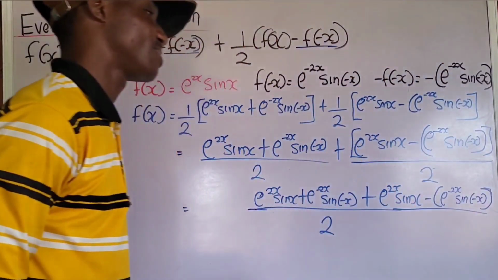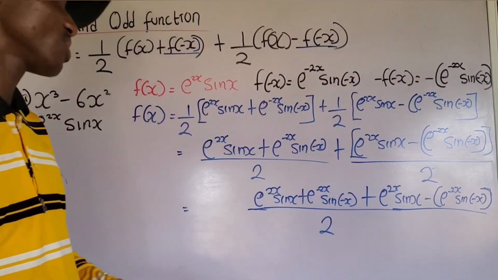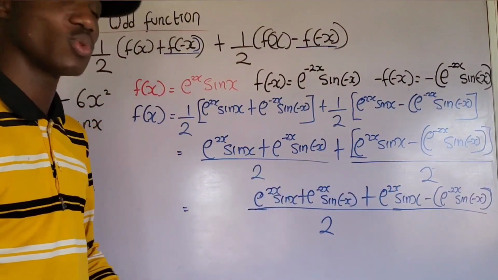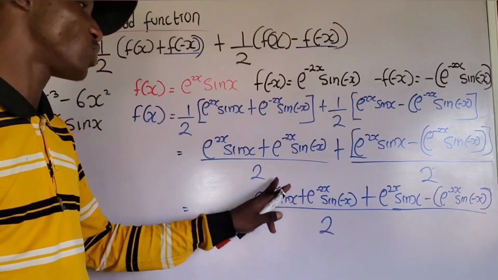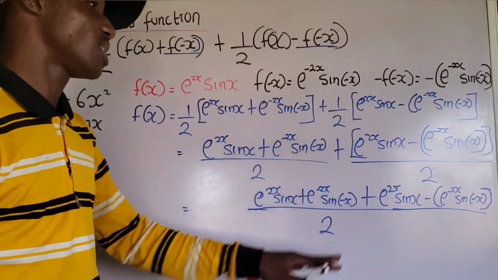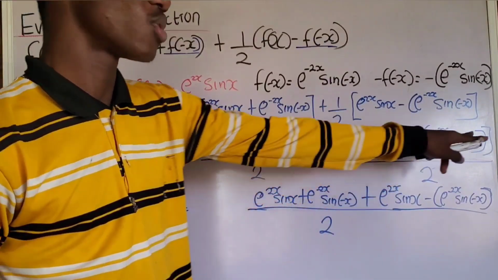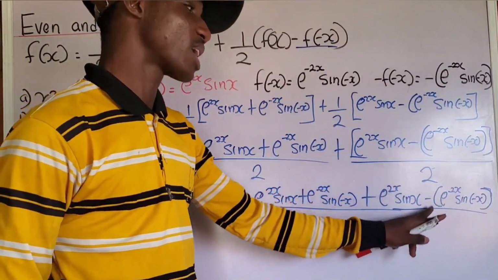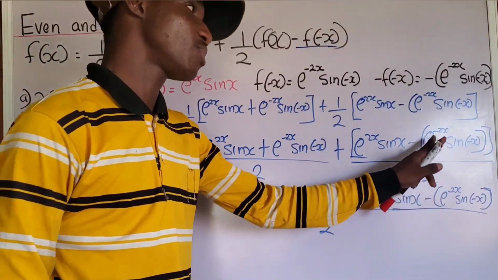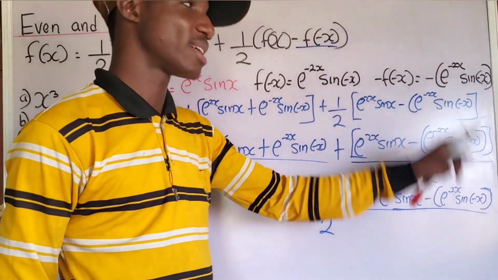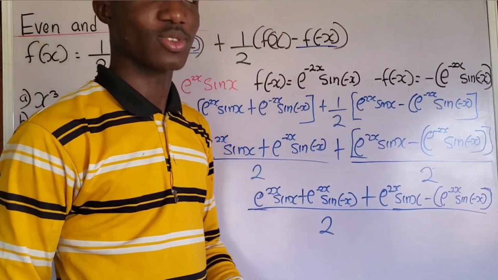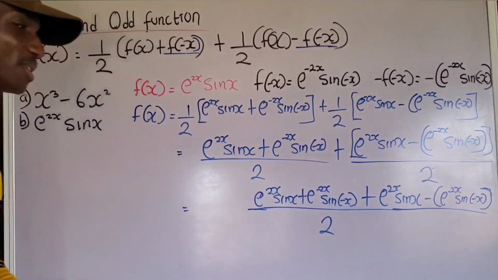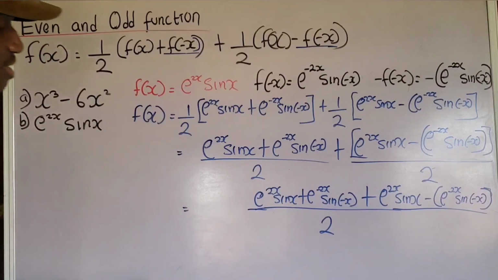Do you know what I did? I took the LCM. The LCM of this fraction and this fraction is 2. 2 divided by 2, 1, 1 times all this, that's this. 2 divided by 2, 1, 1 times all of this, that will be this. The reason why I put this in brackets is because this negative sign is affecting both negative x and sine minus x, you understand?